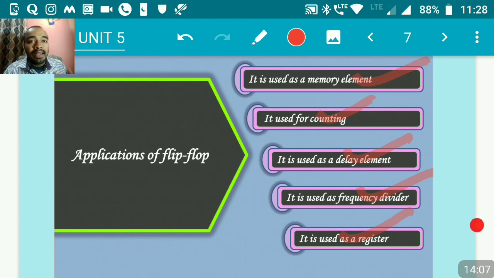Once you know the different applications of flip-flops, let us go to understand the next topic, which is flip-flops.